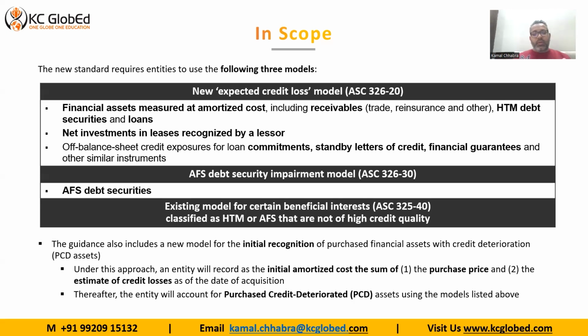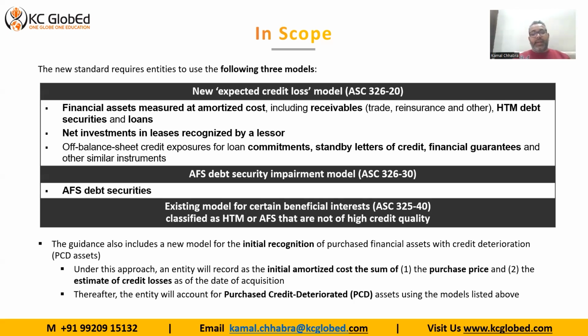The guidance also includes a new model for initial recognition of purchased financial assets with credit deterioration. Under this approach, the entity will record as the initial amortized cost the sum of purchase price plus estimated credit loss as on the date of acquisition.